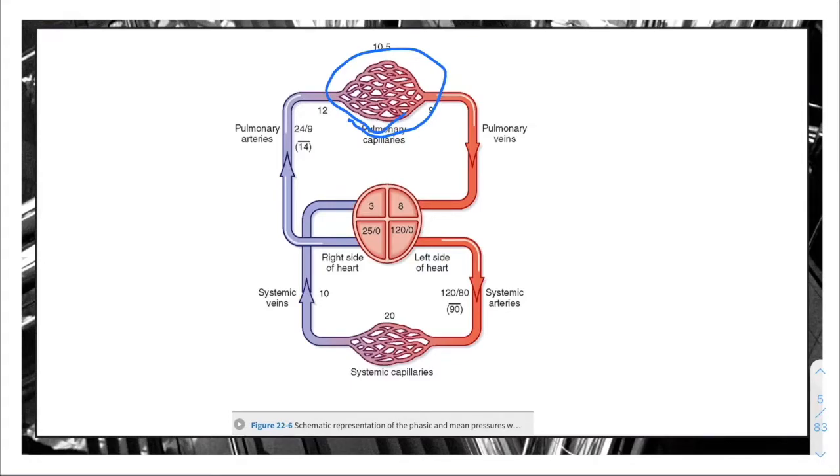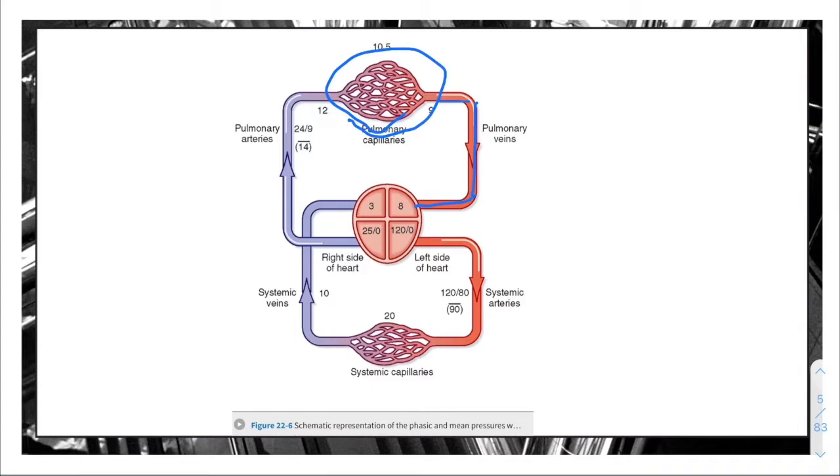Oxygenated blood is then collected from the capillary bed into smaller veins, eventually forming your pulmonary vein, and drains to the left atrium. Okay, so this circulation appears to be a simple, smaller version of your systemic circulation.